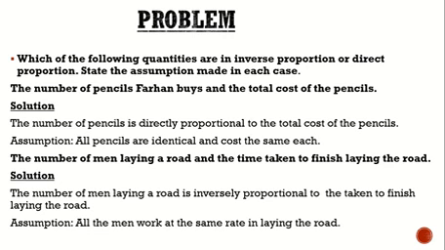When we decrease the number of men, the time taken to finish laying a rod will be increased. So this is the example of inverse proportion. The assumption is that all the men work at the same rate in laying the rod, meaning the men are working at the same time.